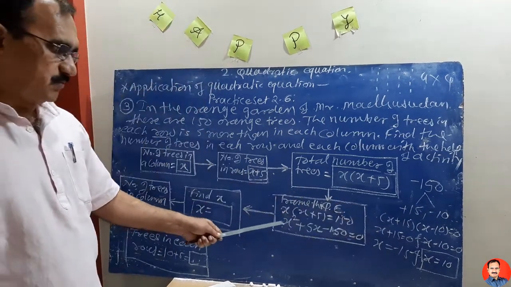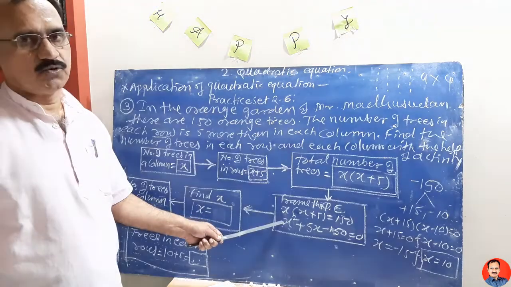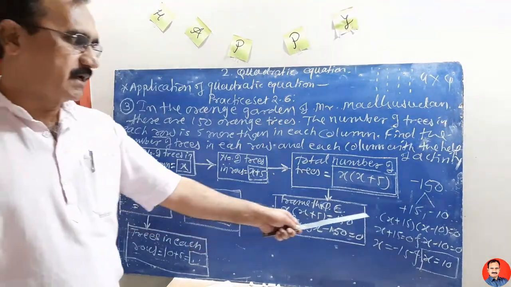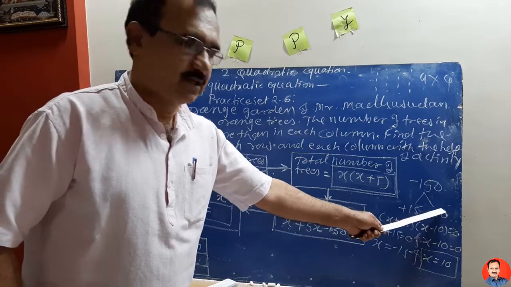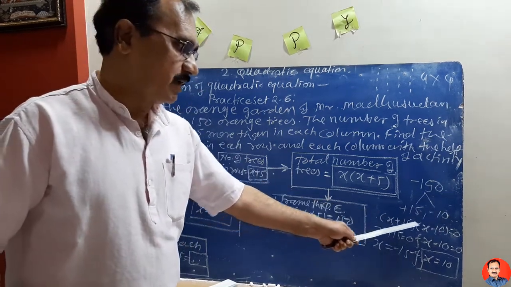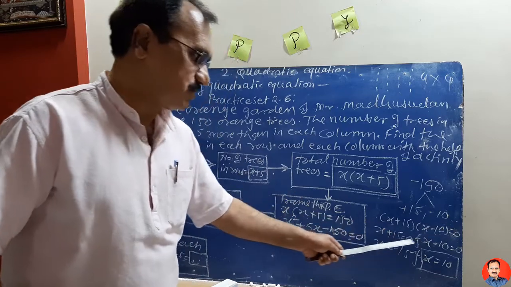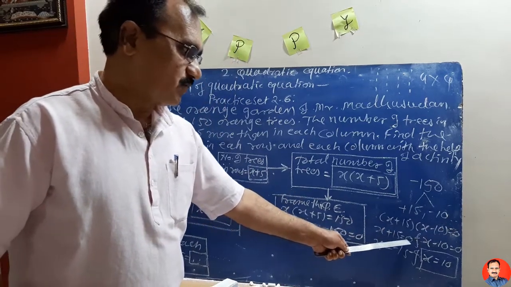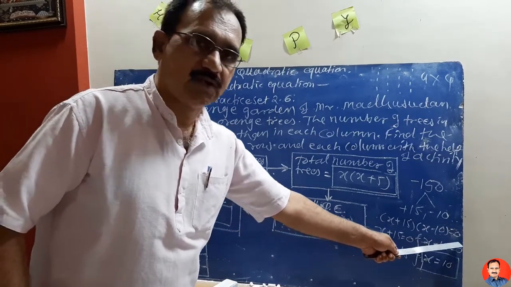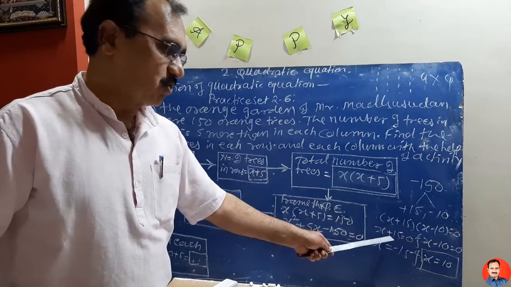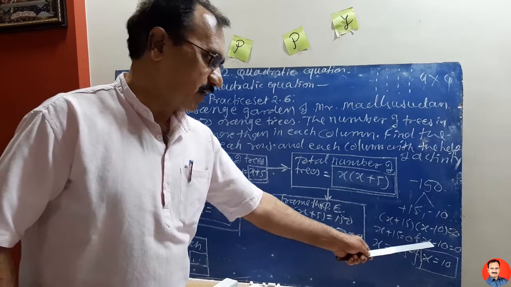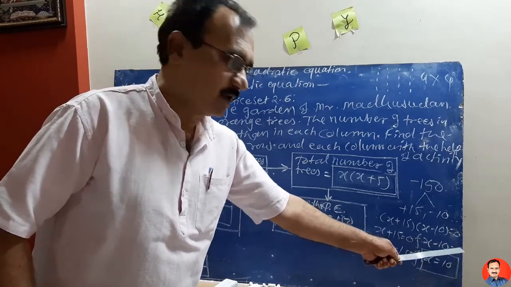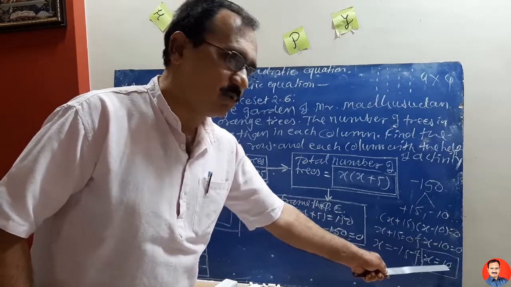You know, if the coefficient of the first term is 1, then we can write direct factors with the help of plus 15 and minus 10. (x + 15)(x - 10) = 0. x + 15 = 0 and x - 10 = 0. Plus 15 goes on that side, it becomes minus 15, so x = -15, and minus 10 goes on that side, it becomes plus 10, so x = 10.